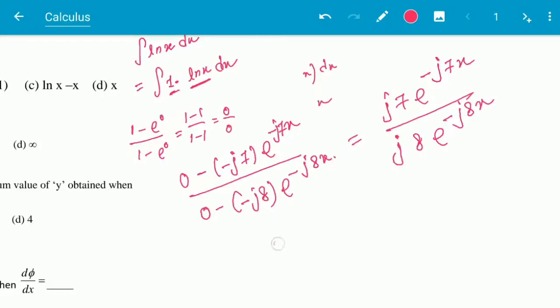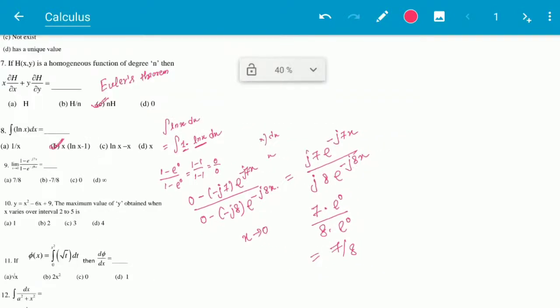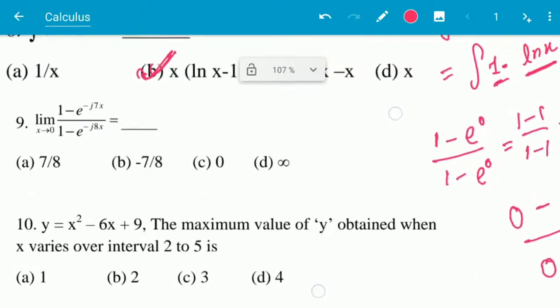If we put x tends to 0, then what will happen? 7 into e to the power 0 by 8 into e to the power 0, which will be equal to 7 by 8. So here the answer will be plus 7 by 8.